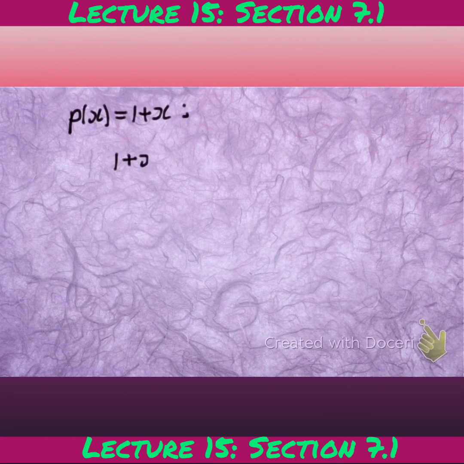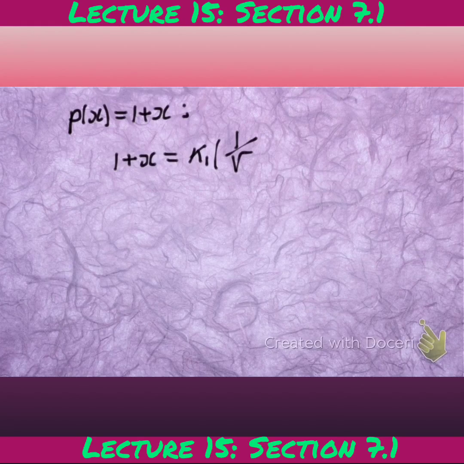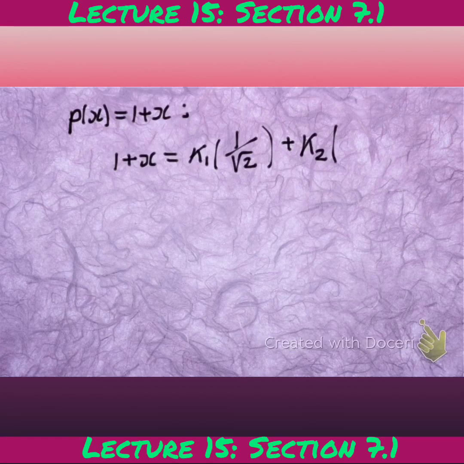So what you do is you take 1 plus x and you want to express it as a linear combination of the basis vectors. So going back there, we see it's k1 times 1 over square root 2, plus k2 times 1 over the square root of 3 x.